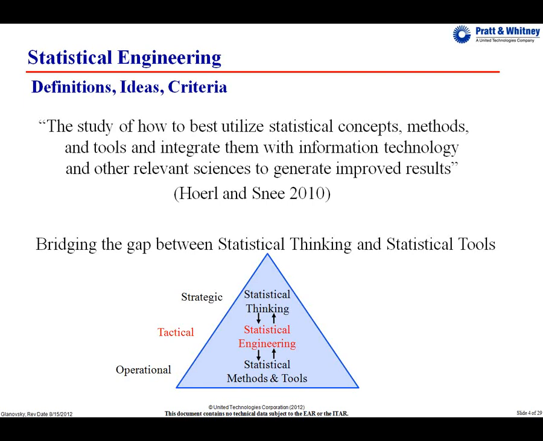Hoerl and Snee described statistical engineering as the link between those of us that think statistically, statisticians that think in terms of probability distributions and confidence intervals, and those out there actually using statistical methods and tools, but who may not have all the training to think the way we do. Of course, my company was one perfect example of that.